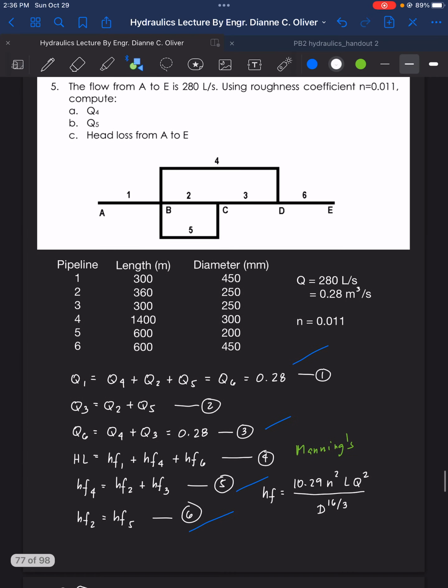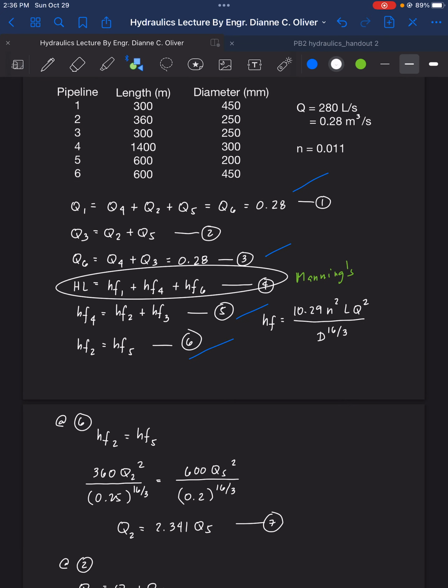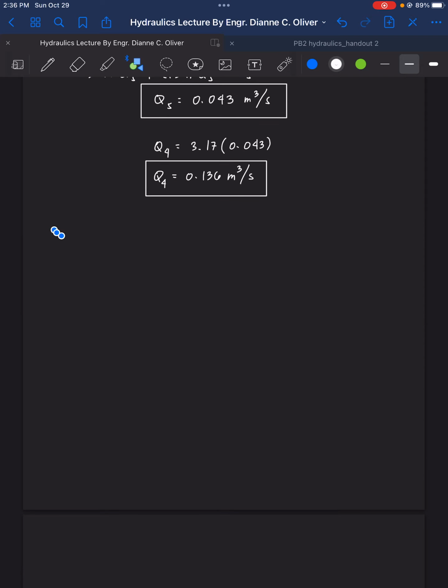So for letter C, we're looking for head loss from A to E. So at equation 4 here, for letter C, head loss is equal to HF1 plus HF4 plus HF6.